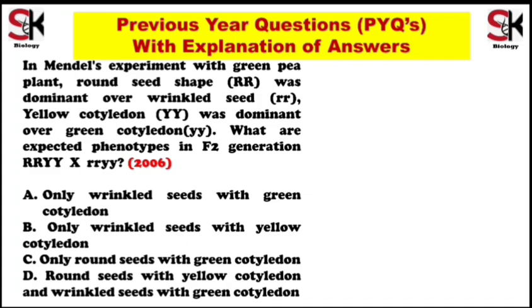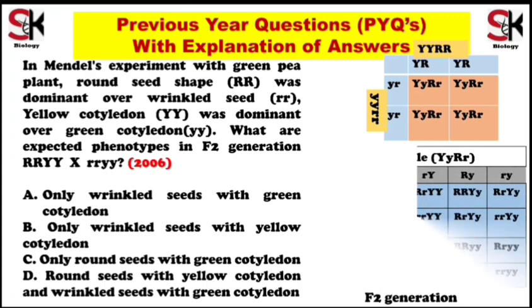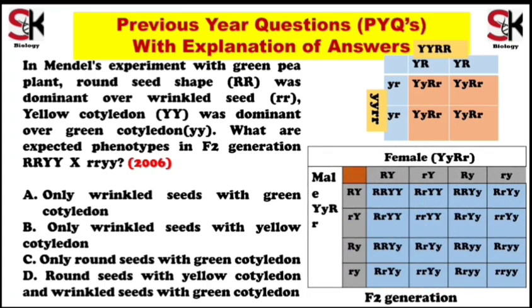So this is a simple dihybrid cross where two characteristics are studied by Mendel. So this is the cross. Firstly, when homozygous parents are crossed, F1 generation will be hybrid plants, and these hybrid plants will be self-crossed to get F2 generation where we will get all kinds of progenies. So the answer is D, round seed with yellow cotyledon and wrinkled seed with green cotyledon.